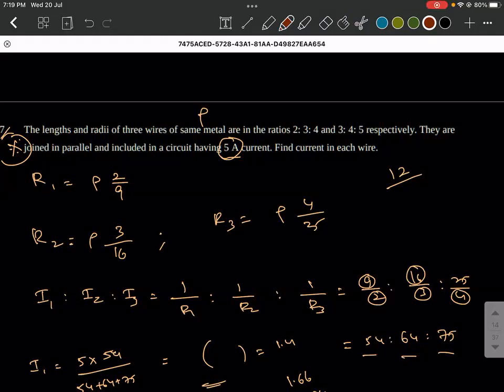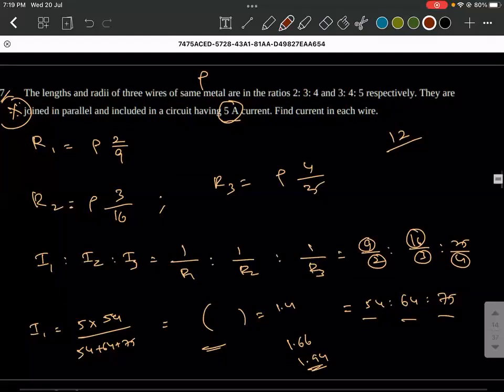This is what we will get: 5 into 54 divided by 193.